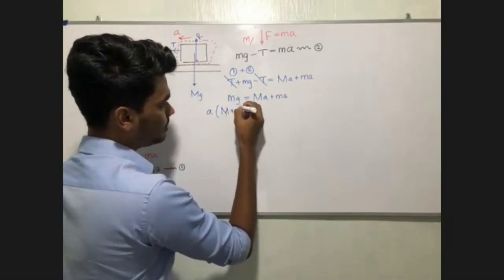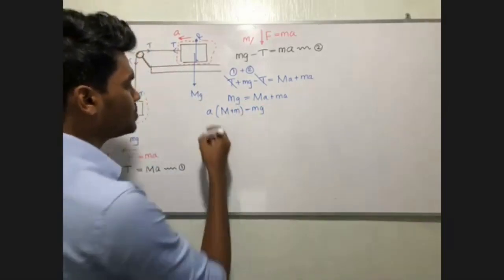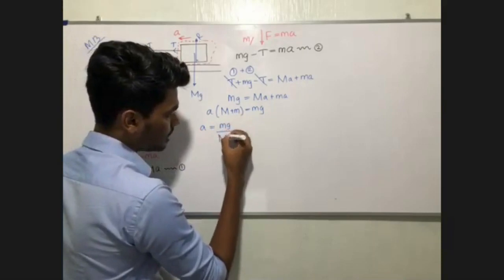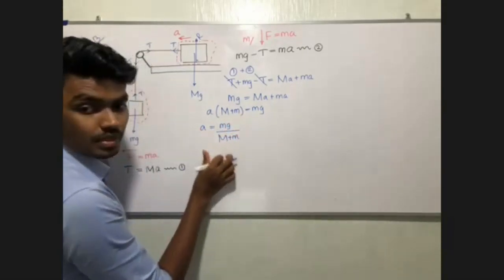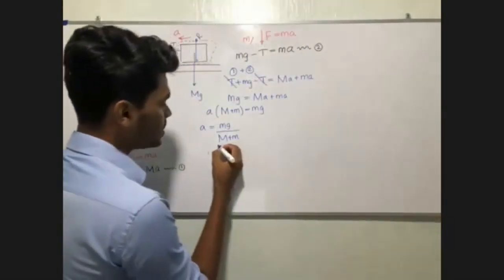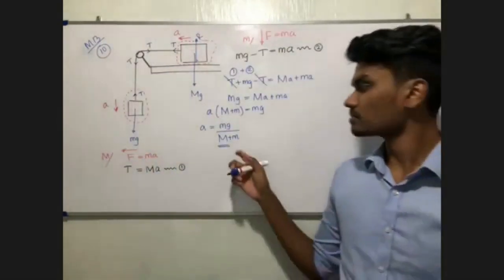Mg over capital M plus simple m. So a is equal to simple m g over capital M plus simple m, right? This would be the answer for the acceleration.